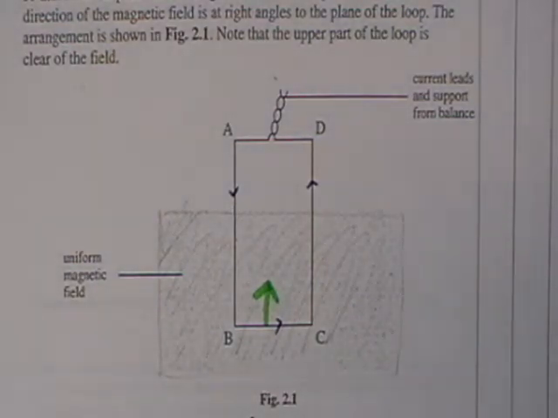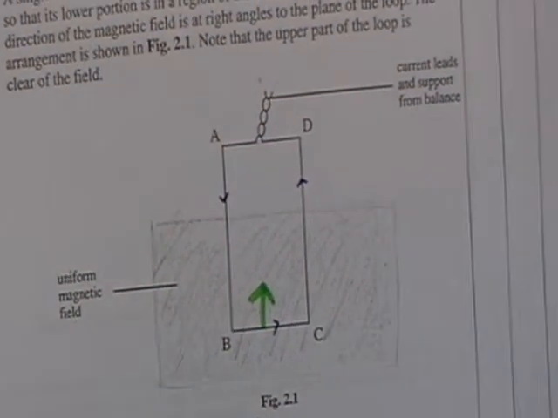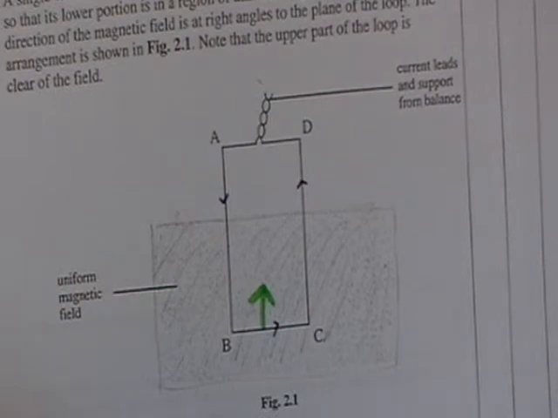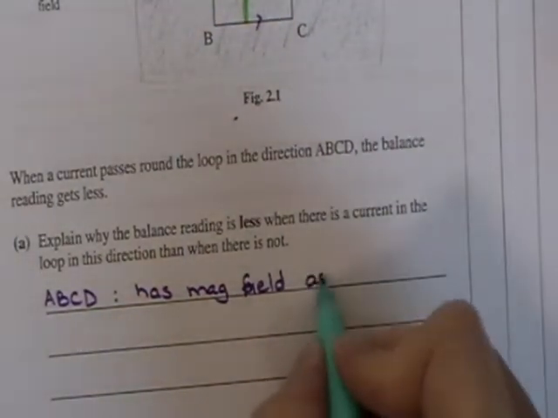Okay, explain why the balance reading is less when the current in the loop is in this direction than when there is no current. So ABCD has a magnetic field associated with it.